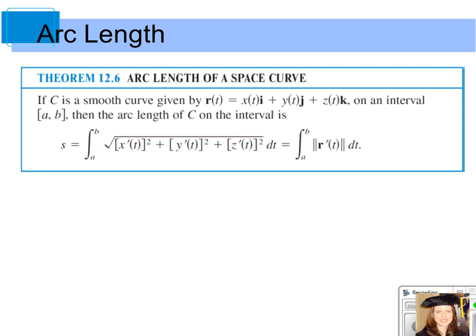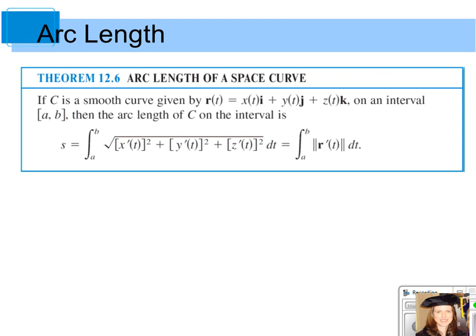Theorem 12.6 gives you the formula that we use to find arc length of a space curve. If C is a smooth curve given by r of t, a vector valued function, equals x of t i plus y of t j plus z of t k, on an interval from a to b, then the arc length of C on the interval is equal to s.